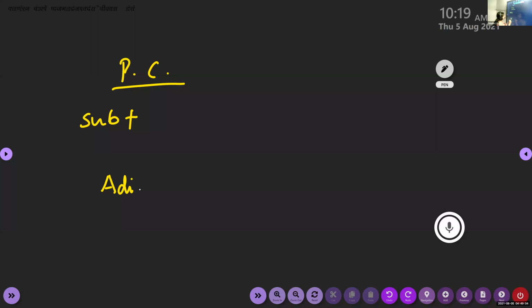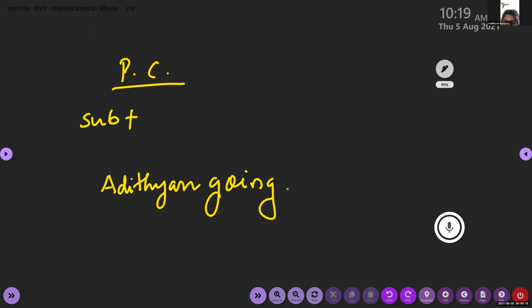You said ing form: Adityan going. Is it a correct sentence? No, ma'am. Can you identify the finite verb from here, which shows a tense? If I say that going is the finite verb, it can be present, it can be past, it can be future, right?